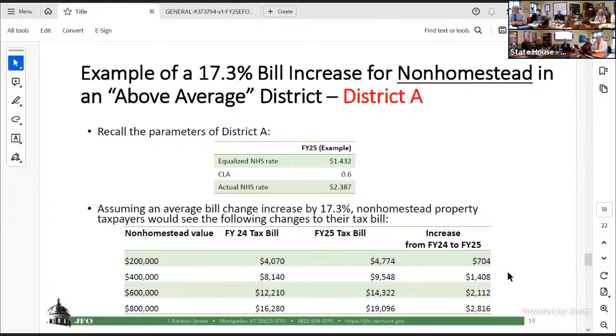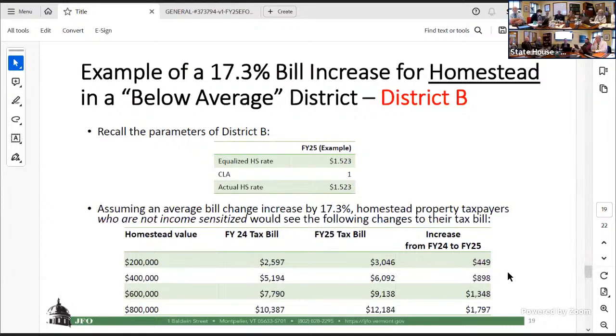Okay, and finally, we'll move into the last district we calculated, which is District B, the below average. This is where the CLA is 1, and the equalized rate was 1.523. We can see again the corresponding bill changes for these example homesteads that are not income sensitized.